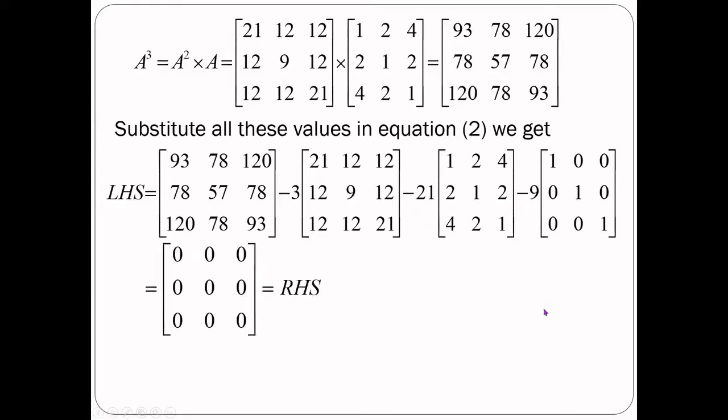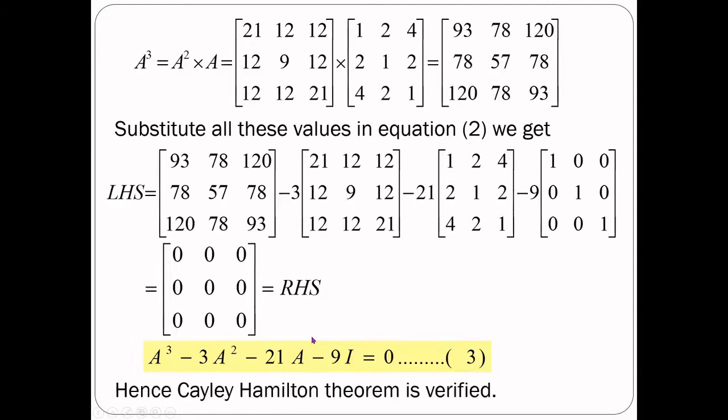And after the addition or subtraction of these matrices, we get the resultant 0 matrix of order 3 cross 3. And we can say that it is equal to the RHS, and hence the Cayley-Hamilton theorem is verified.